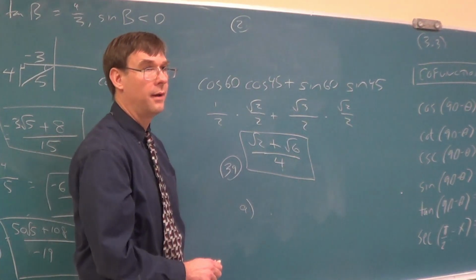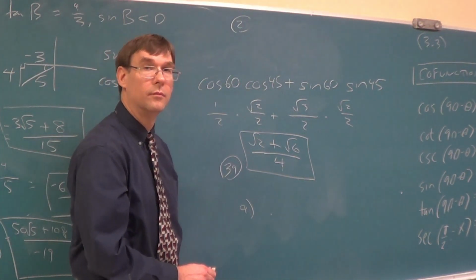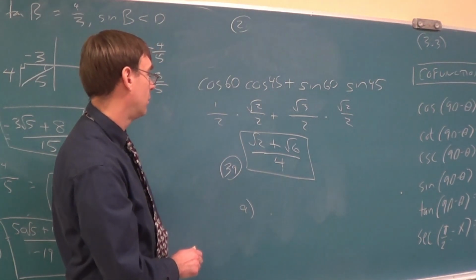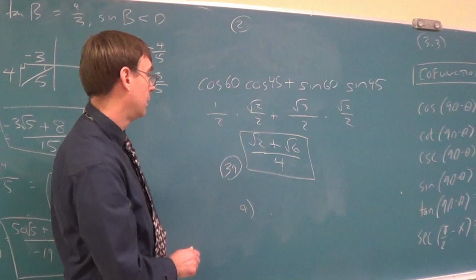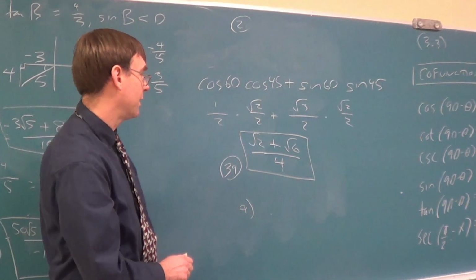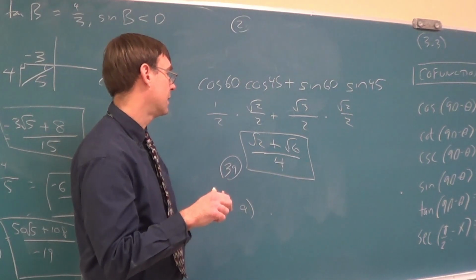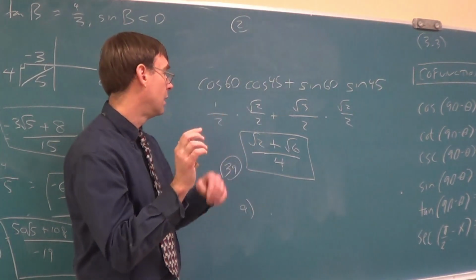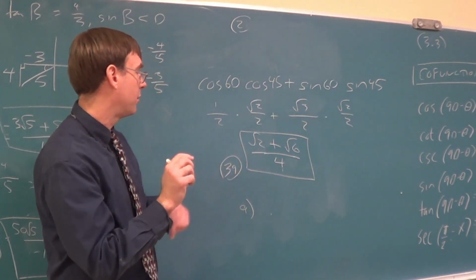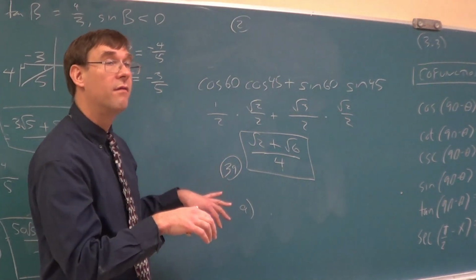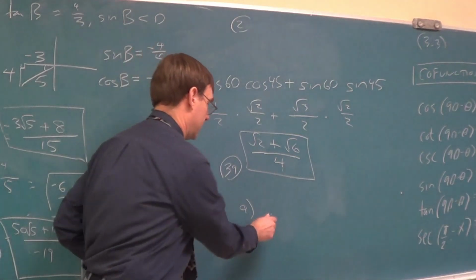I might be wrong. 2.6. What did I do? Maybe I clicked it on. I don't think that's right. Try root 2, close the parentheses. Yeah, I didn't close it. Root 2, cut that off, plus root 6, cut that off. Hit enter, divide by 4. 0.965. All right.